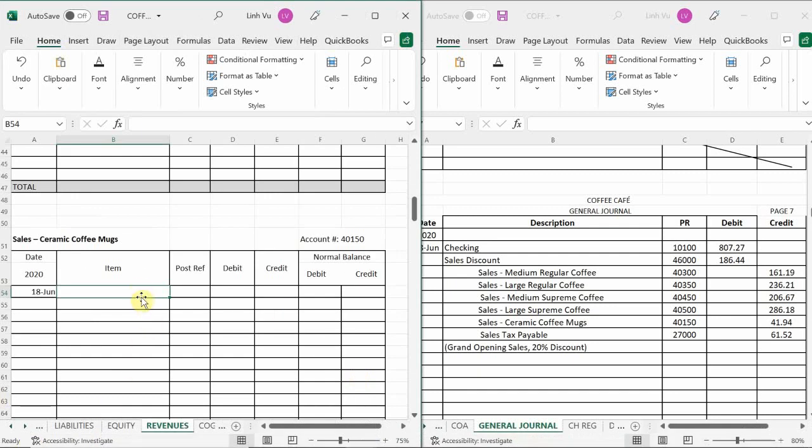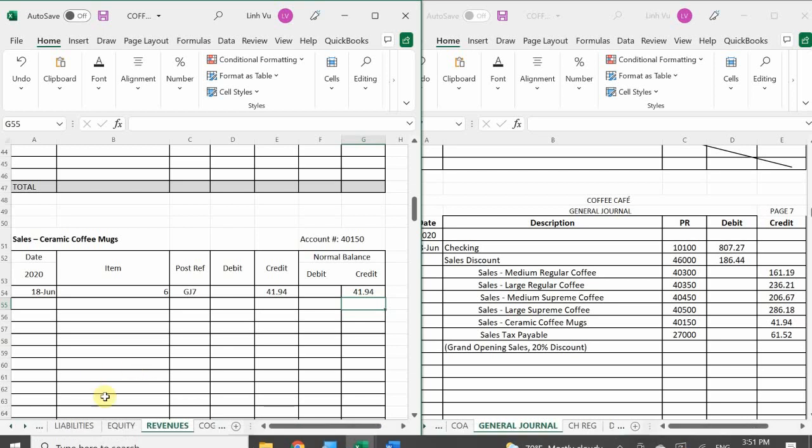We sold a total of 6 mugs. Okay. Journal number 7 for a total of $41.94. Okay.